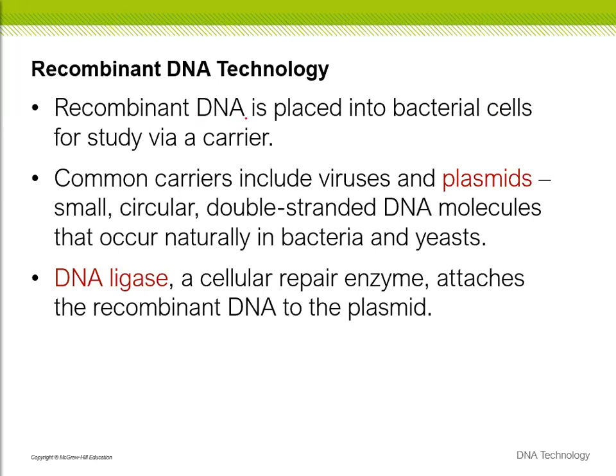I've taken this DNA and I'm going to put it into bacteria cells, and then we study it. Why do we use bacteria? Because they breed so much and we can control them quite easily. Some ways we do this is through viruses or plasmids, which are in bacteria and yeast. The thing that we use as the glue is DNA ligase.